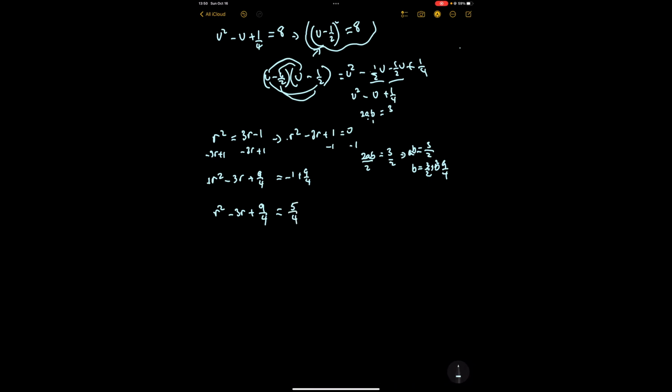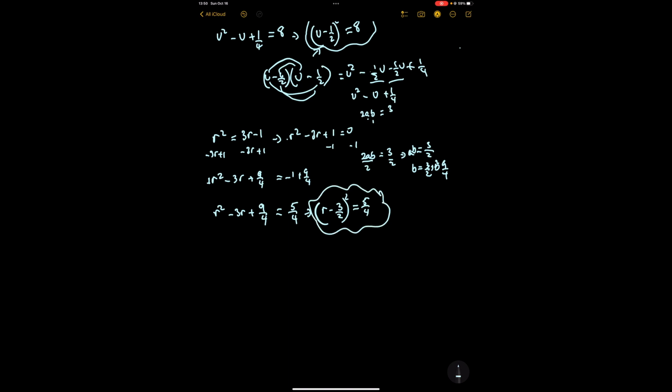And what would that be now? That would basically be r minus 3 halves squared equal to 5/4. And this is where I'm going to stop, and you guys can do the rest.